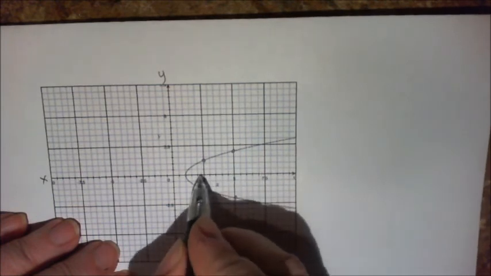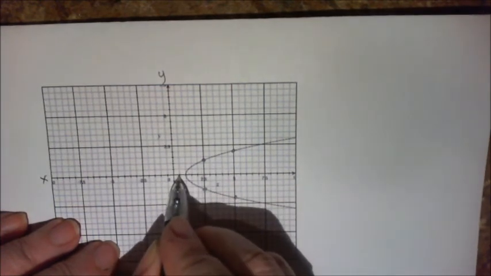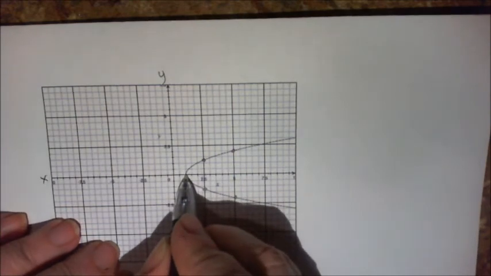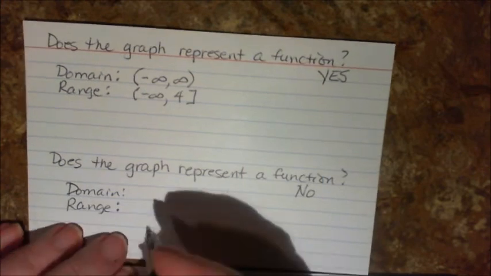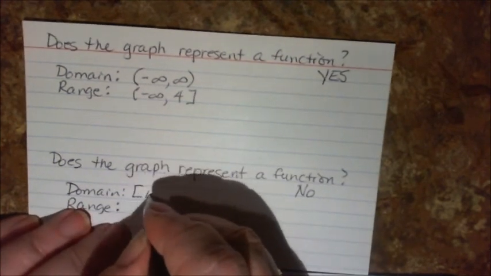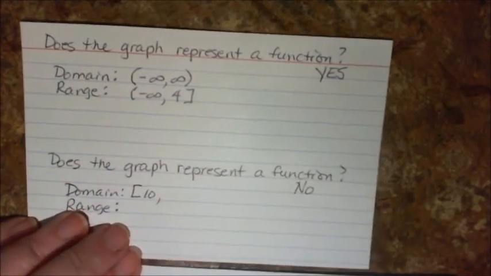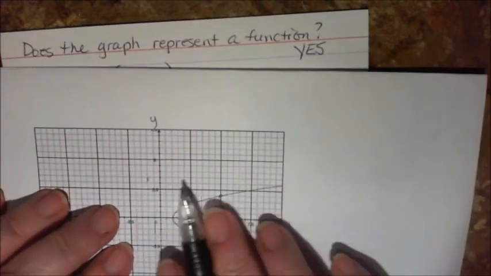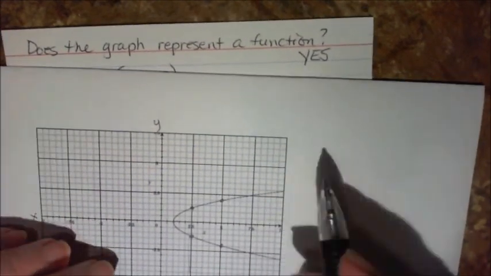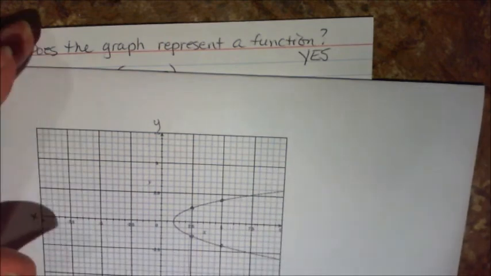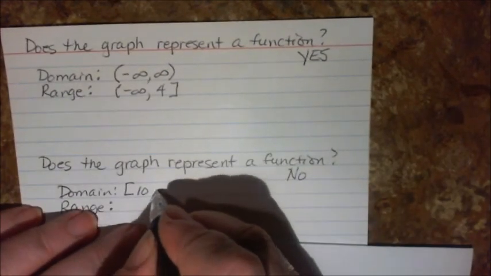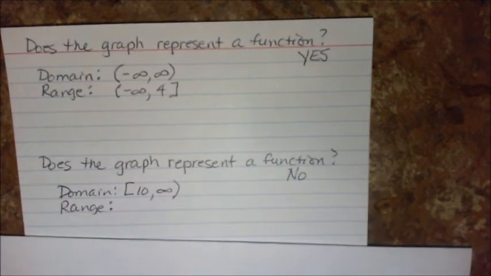This is 25, 50, 75, so 5, 10, 15, 20, 25. These go by 5s, so that would be the number 10 on the x-axis. So the number 10 is our starter, exactly 10. And then it continues. Okay, we can see that the x values continue. Now this is the end of our graph, but remember this arrow says it keeps going, and so that graph keeps going as well to infinity.